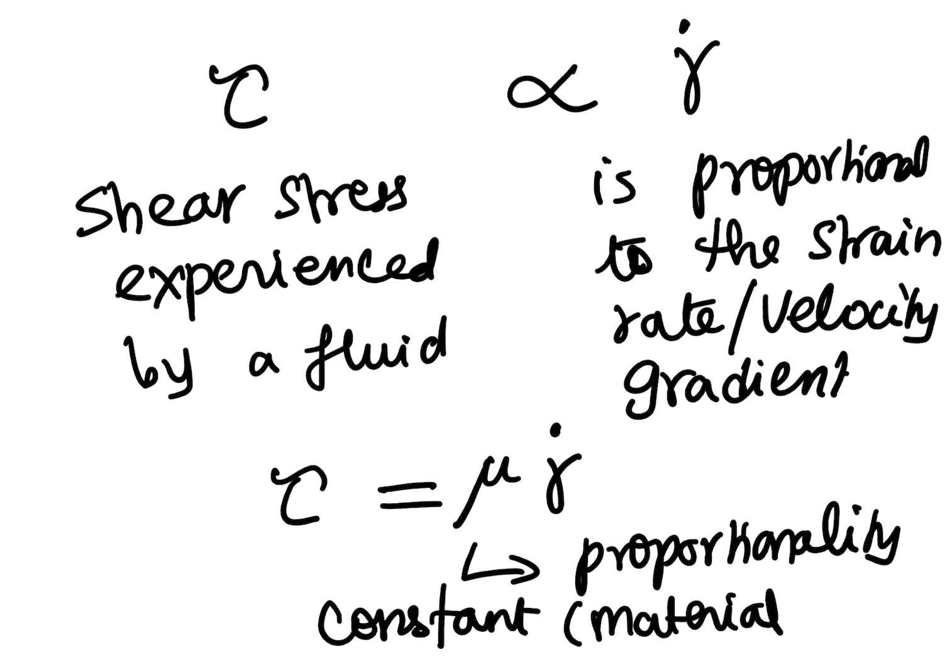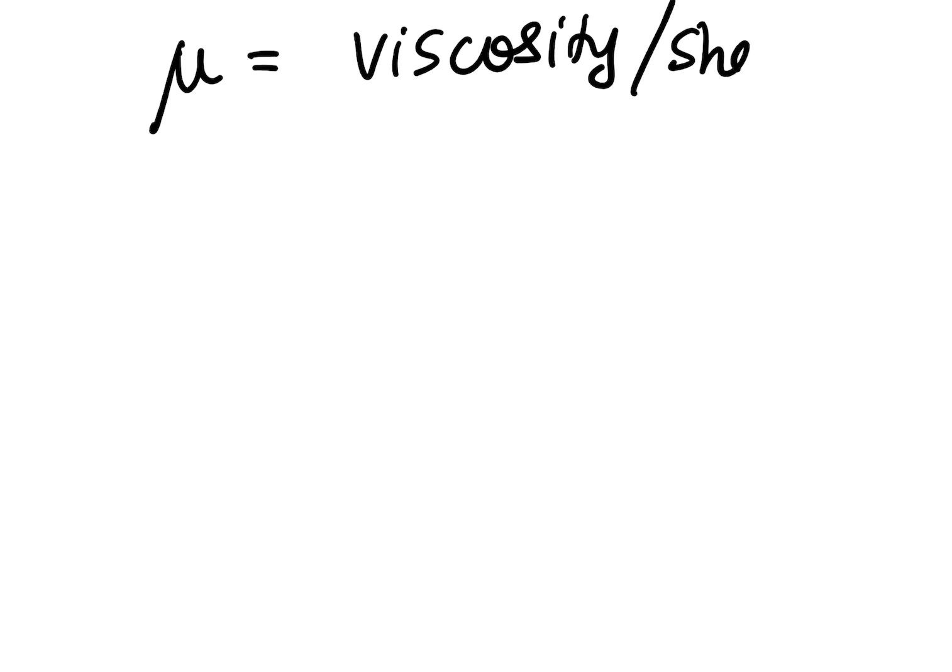That is, it varies for water, honey, molasses, gasoline, etc. It's material specific, and this constant mu is called the viscosity or shear viscosity.